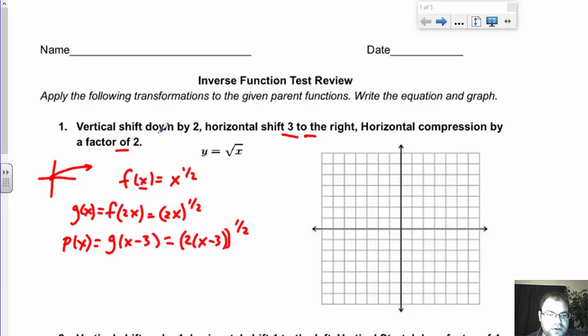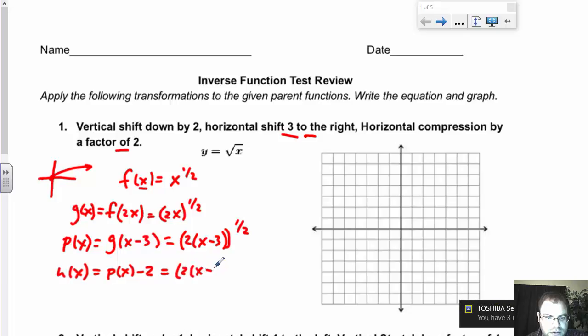The last thing we'll do is the vertical shift down by 2. So let's make h of x, that's going to equal p of x minus 2, and that's going to equal 2 times x minus 3 to the power of a half, and then minus 2.